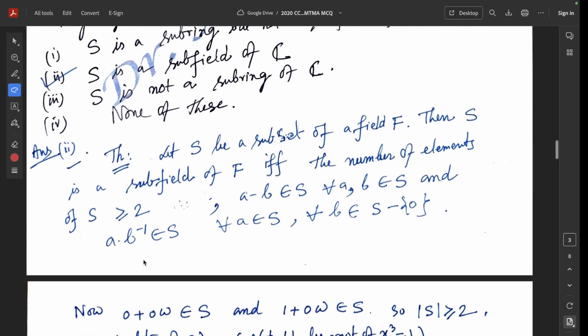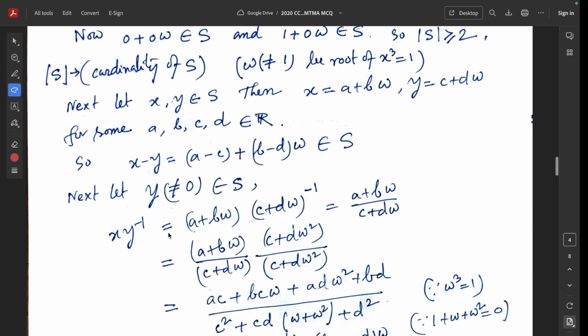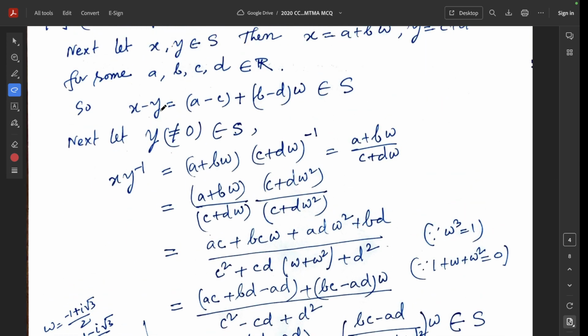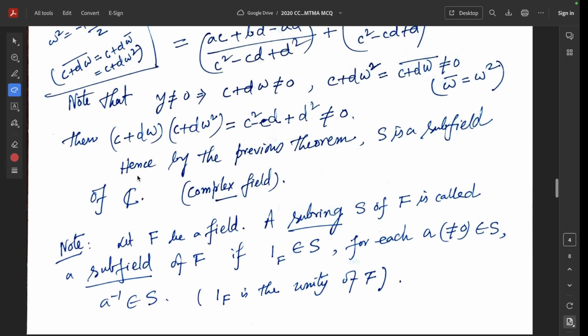Previous theorem means this theorem: subfield, cardinality of S greater than or equal to 2, A minus B and A B inverse for non-zero B belongs to S. That is, X minus Y belongs to S, and XY inverse belongs to S. Hence this.